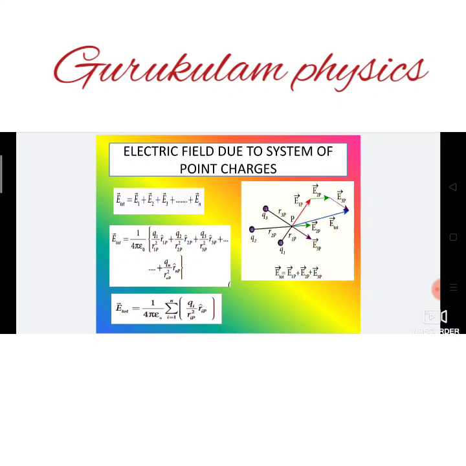Substitute the known values here. The value of E1P is equal to 1 by 4 pi epsilon naught, Q1 by R1P squared, R1P cap. Similarly, E vector 2P is 1 by 4 pi epsilon naught, Q2 by R2P squared, R2P cap, and so on. Take the common term 1 by 4 pi epsilon naught, and we get the remaining value.